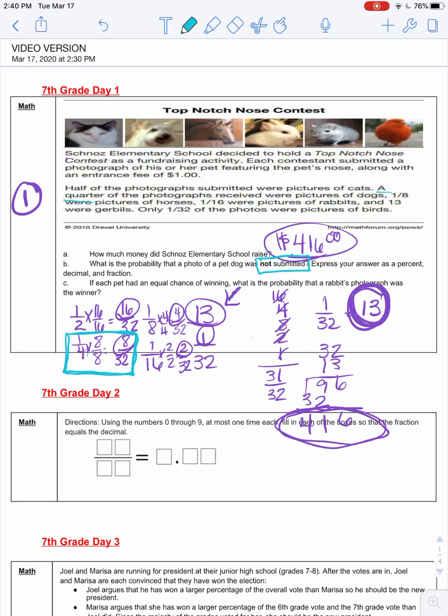So if 1/4 of them were submitted, we know that 3/4 were not. And it's that easy. So it was 3/4, and it says we have to do it as fraction, decimal, and percent. Well, 3/4 is also 0.75, and 3/4 of a dollar is 75%. Okay? So that's A and B.